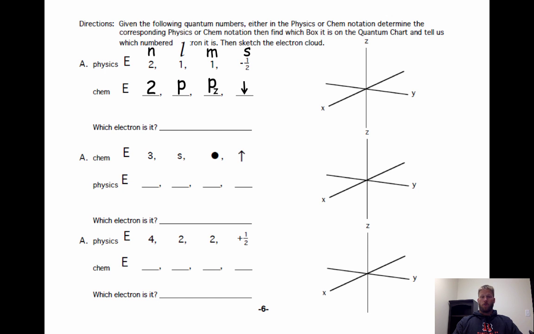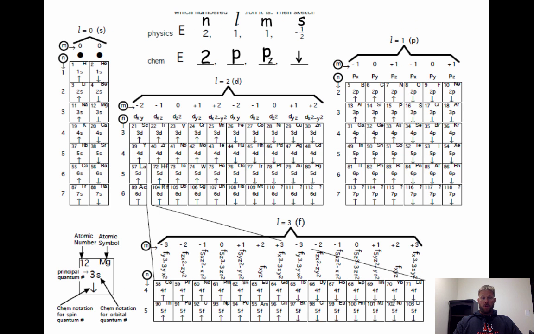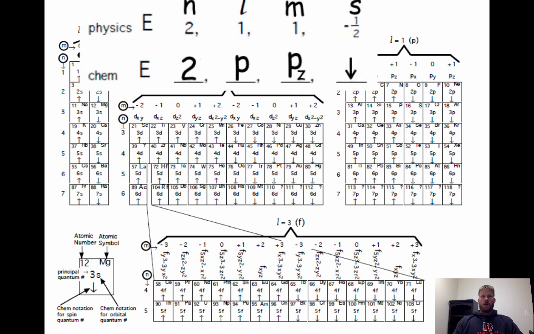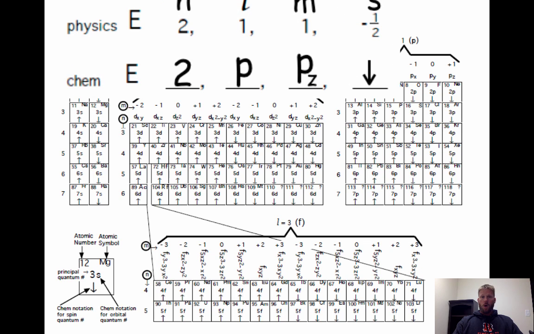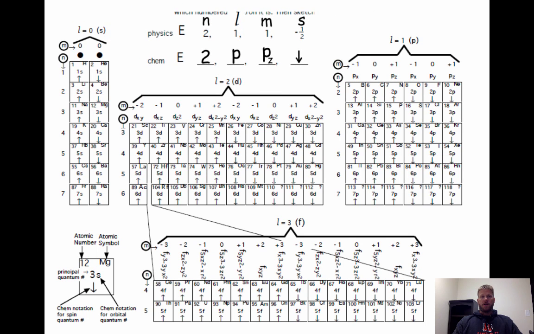All right, so where do we find this electron on the quantum chart? Let's take a look. First of all, here are our quantum numbers that we're going to use to find this specific space in the periodic table. Now, I know I gave you the analogy of each electron having a social security number, and this is the four quantum numbers.